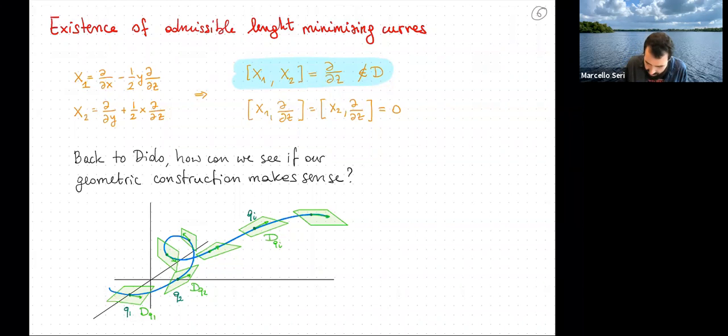So it moves in this direction and it keeps going. And at each point, my velocity has to be constrained to this subspace of the full space. So you see, in this case, the curve can move around in space, but imagine that our distribution was flat and was in the XY direction all the time. Then we had no way of going up, and so no way of reaching that area that we would like to reach in the case of the Dido problem.